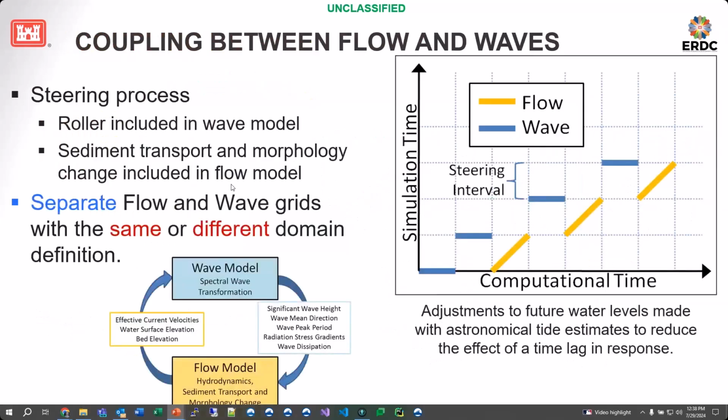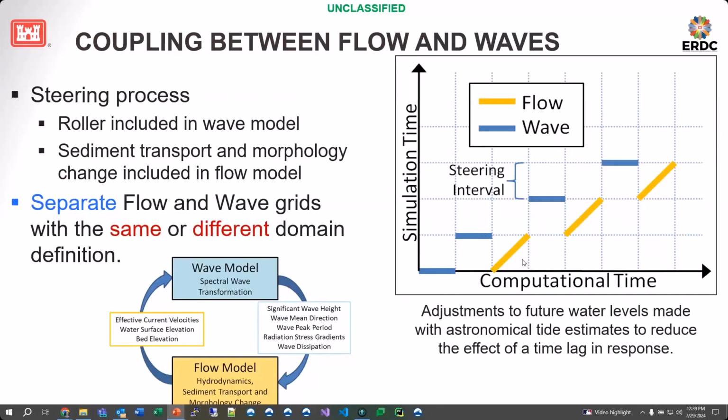Showing a little bit of how the coupling between the flow model and the wave model is done. So as you're setting it up, you actually have a wave model that's run twice. So you have a time 0 and then a time 1. So this could be the very start at 0 hours and then 1 hour.